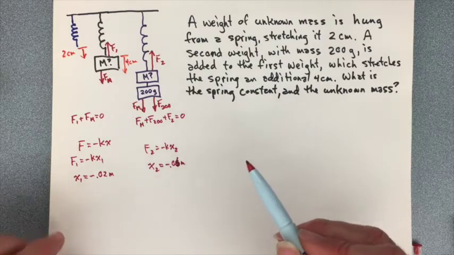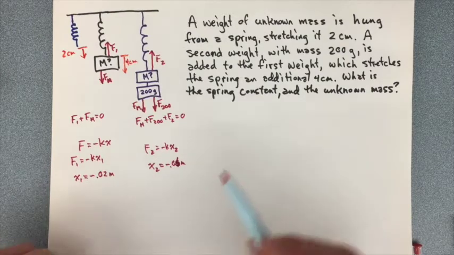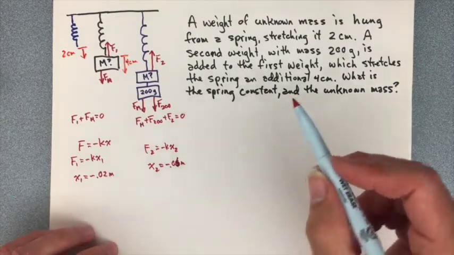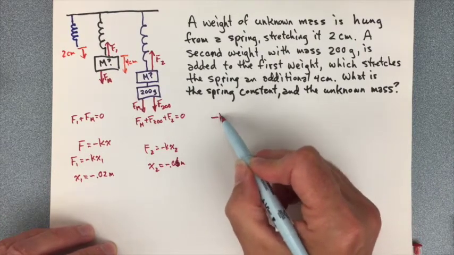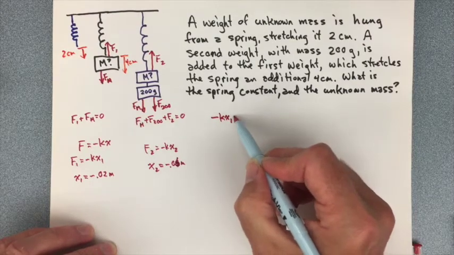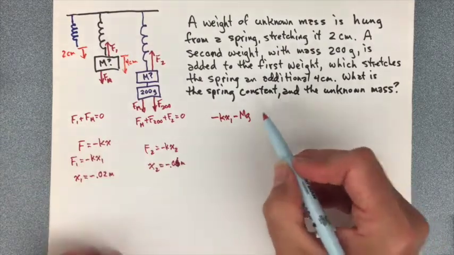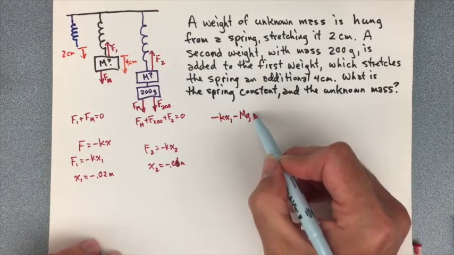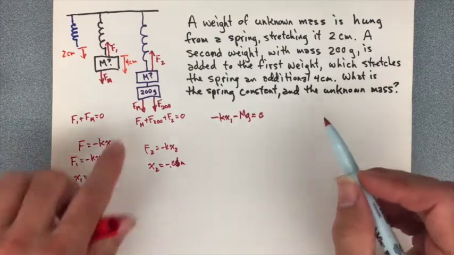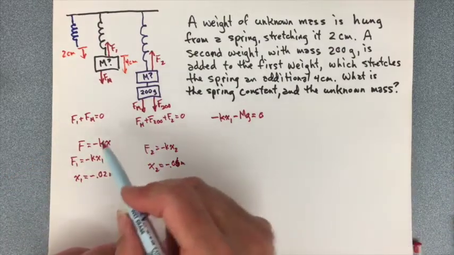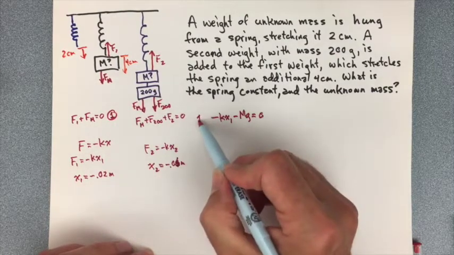Now we can simply take these two equations that we have right here and write them out and solve them simultaneously. So we have minus k x1 minus mg. That's this equation right over here, written out for the individual values. That must be equal to 0. And for this other one here, this comes from what I'll call my first equation here.